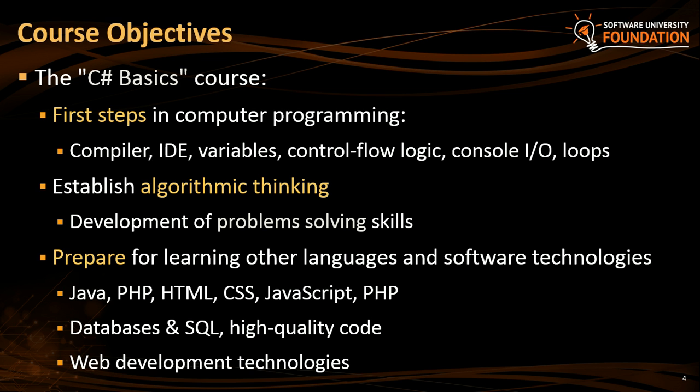Algorithmic thinking is also called mathematical thinking or just thinking. People who can think can become software engineers. People who cannot think, who are not smart, cannot become software engineers. But not all smart people can become software engineers, because this is a specific way of thinking.